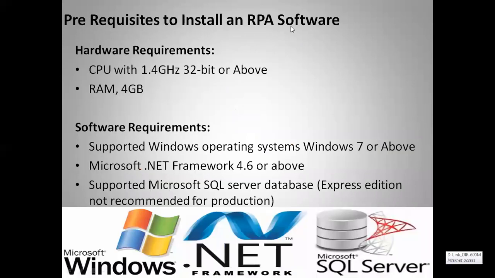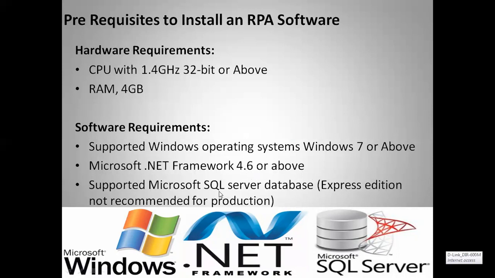Prerequisites to install RPA software. Hardware requirements being a CPU with 1.4 GHz, 32-bit or above. RAM should be 4 GB or above. Software requirements being a Windows operating system, Windows 7 or above, and .NET Framework 4.6 or above should be installed.